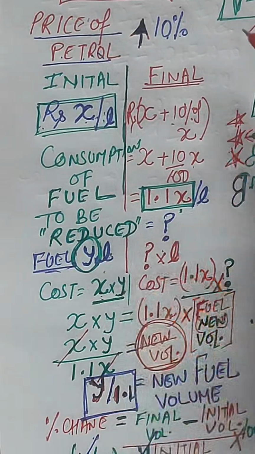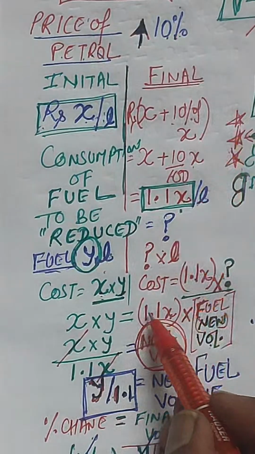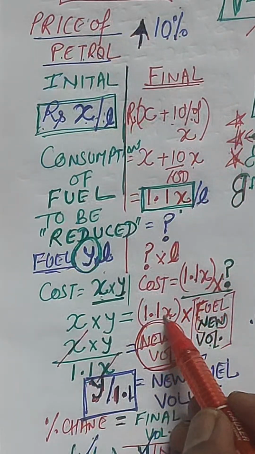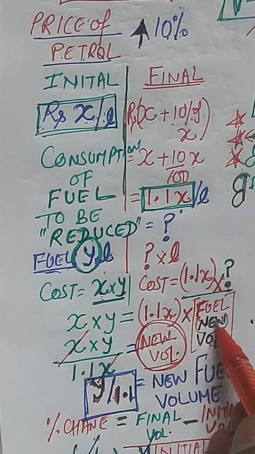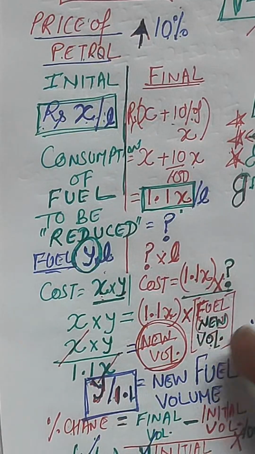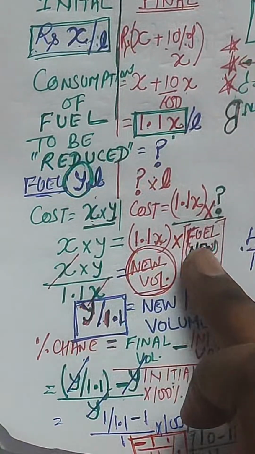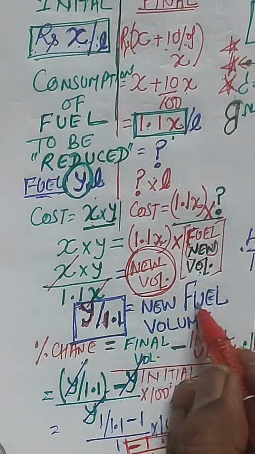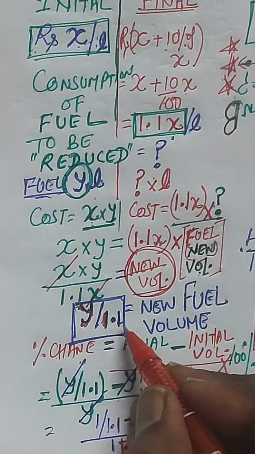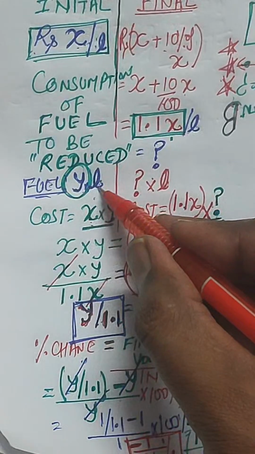After the hike of 10% in the price of fuel, the new cost will be 1.1x, into the new volume that needs to be consumed. So first consider what this new volume is. When we equate, we get the new volume as y by 1.1, where y was the initial volume.